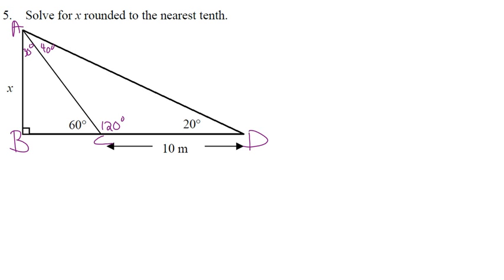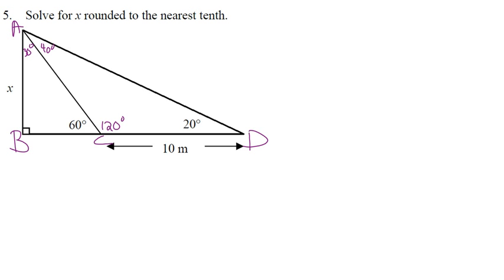How are we going to find BC? What can we find? AC, because we've got a known pair. Once we find AC, then we can use basic right triangle trig to find x. So it's a two-part solution.